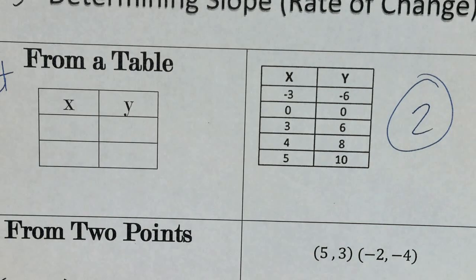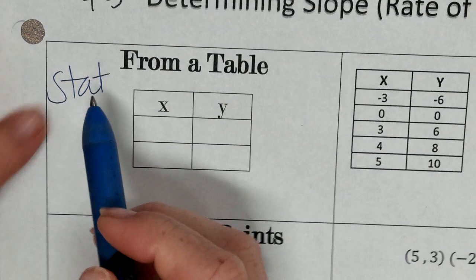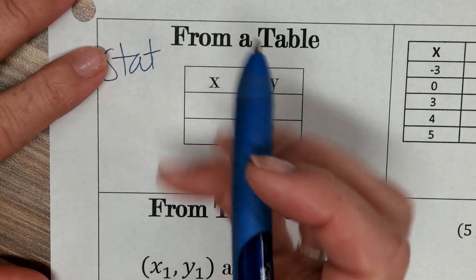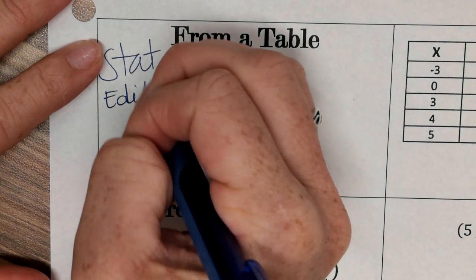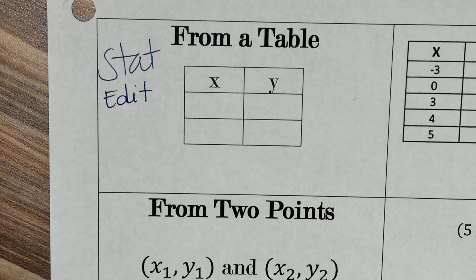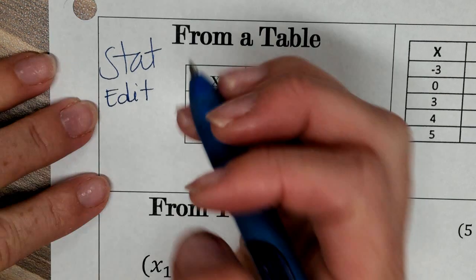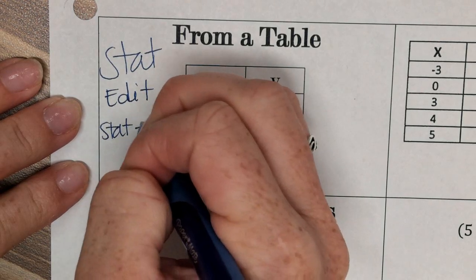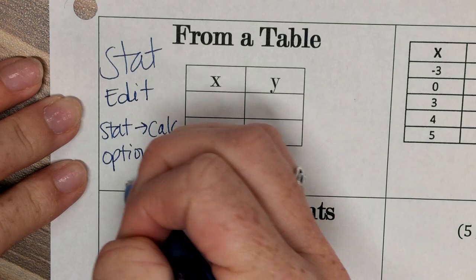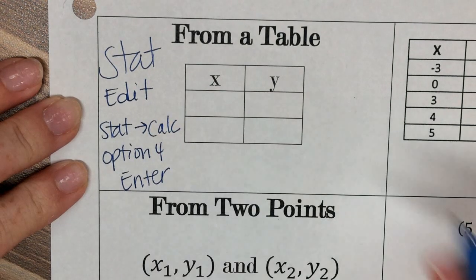Now, you're going to be doing this on your own. So if you want to put little notes over here, write them right now. I'm not going to remind you. You're going to go to Stat, Edit. You're going to put your list in. Then you're going to go to Stat, arrow to Calc, choose option 4, and then just enter until it gives you the answer.